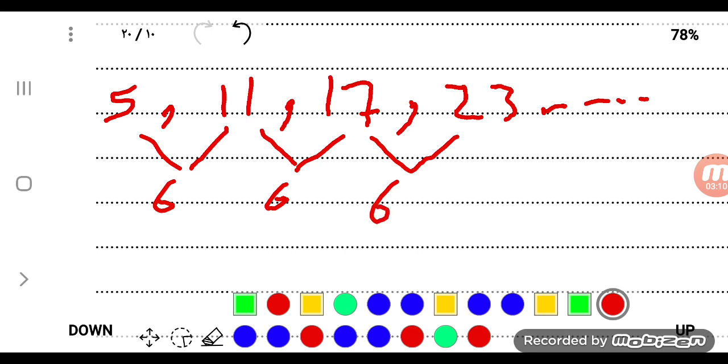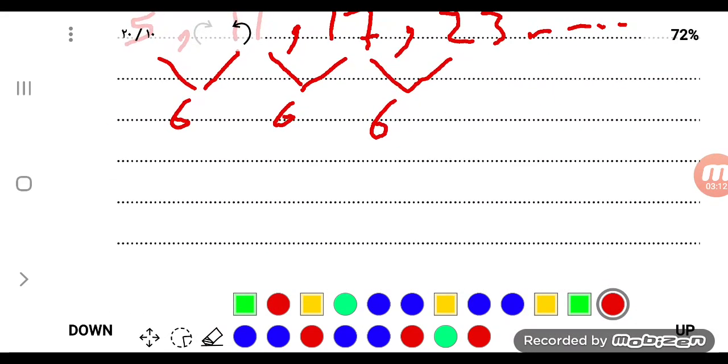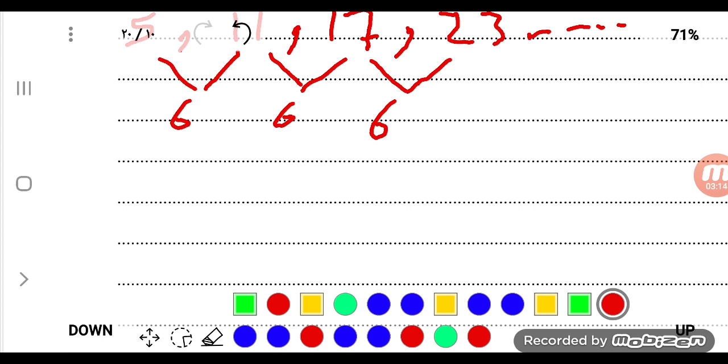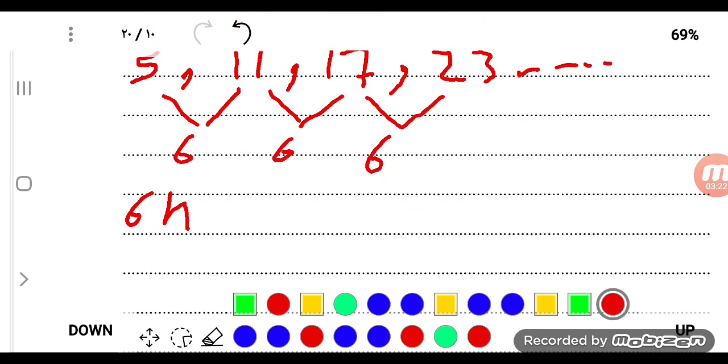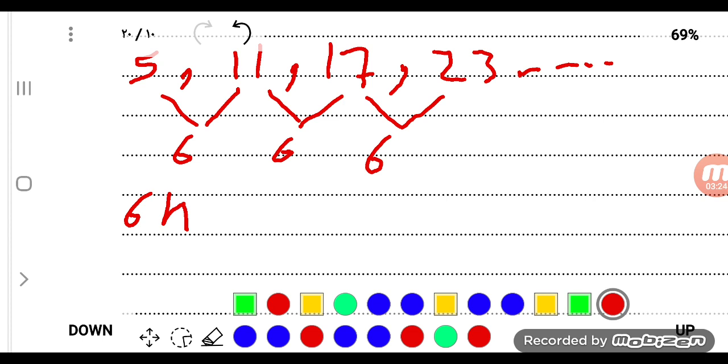Okay, next step, we write 6n. Next, we plug in 1 for n. 6 times 1, you get 6. What do you need to make it 5, the first term?